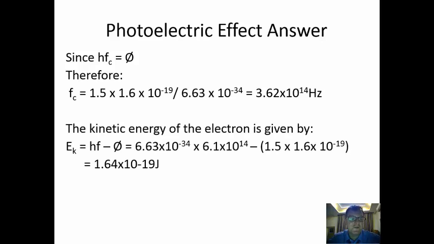Now the kinetic energy of the electron is given by the energy from the quanta of light minus the work function. So we've got 6.63 times 10 to the minus 34 times 6.1 times 10 to the 14, which we're given, minus 1.5 times 1.6 times 10 to the minus 19, and that's going to be equal to 1.64 times 10 to the minus 19 joules.